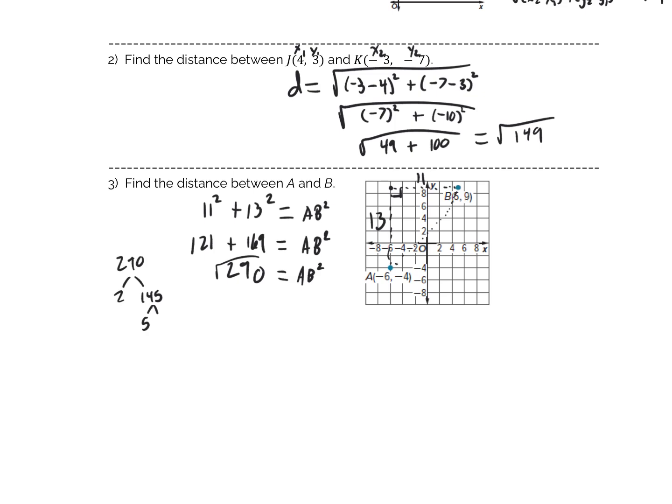And that leaves 29. 29 is a prime number. So 290 is as simplified as we can get it. So we just leave it as square root of 290. So there we go.